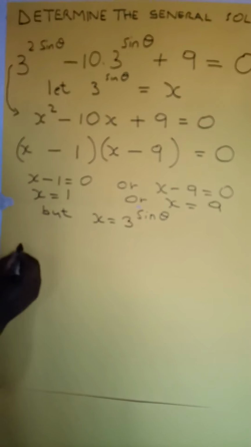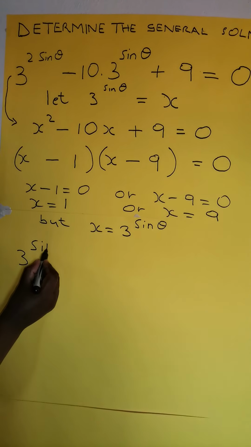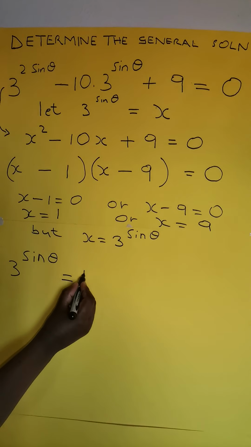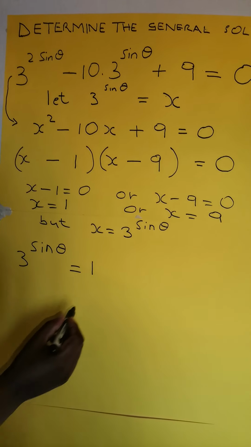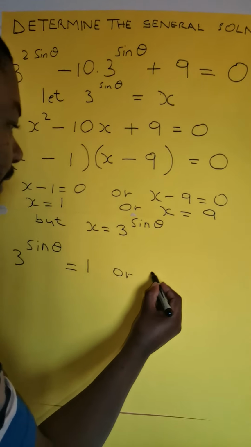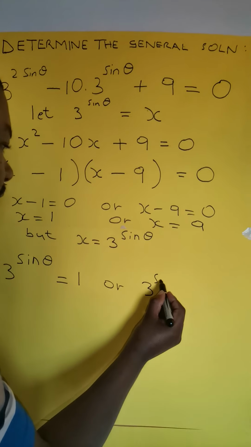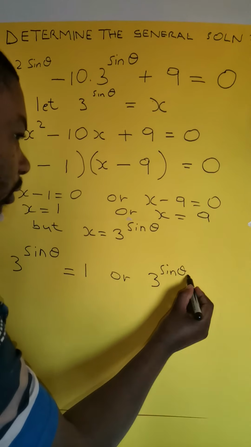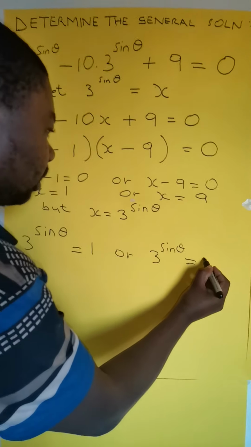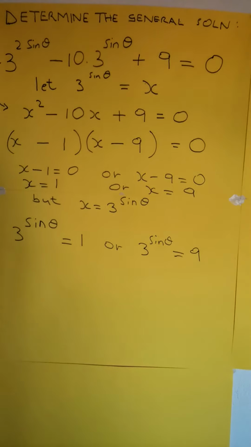So we have 3 to the power sine theta is equal to 1, or we have 3 to the power sine theta equal to 9, right?